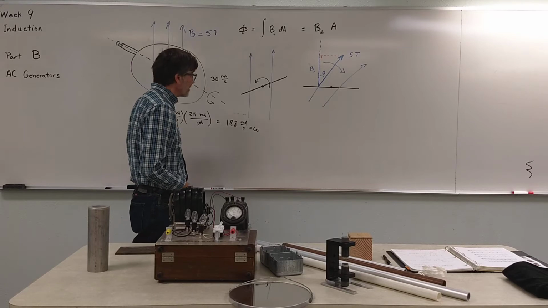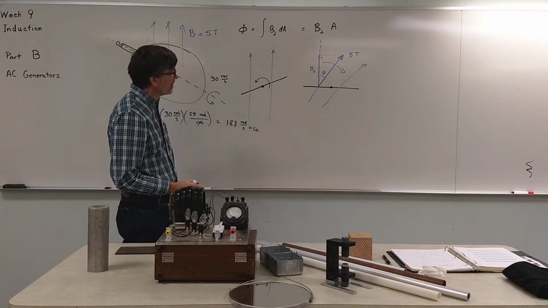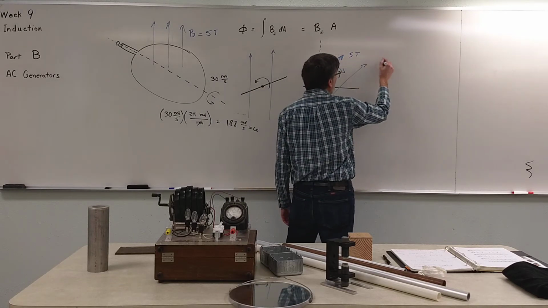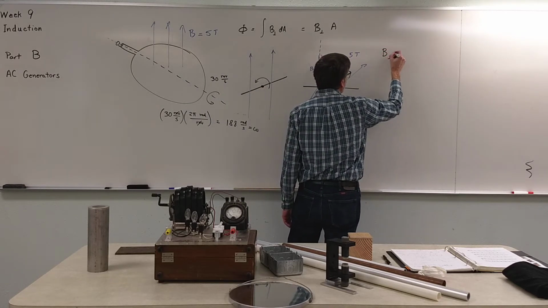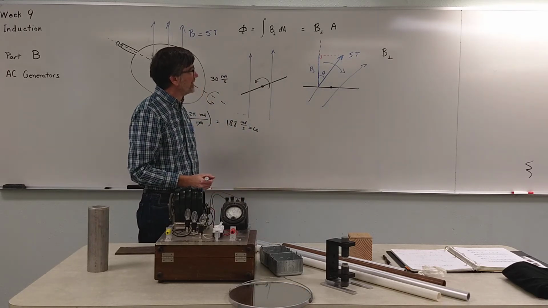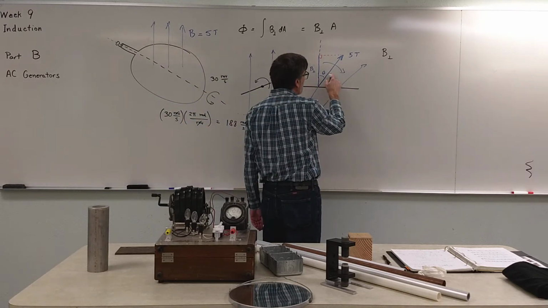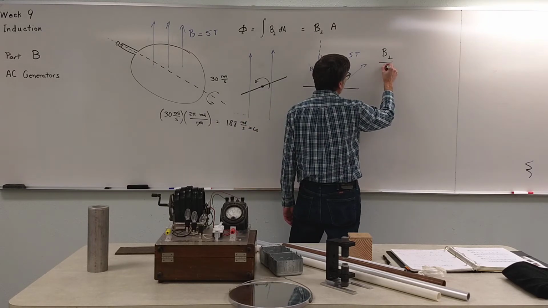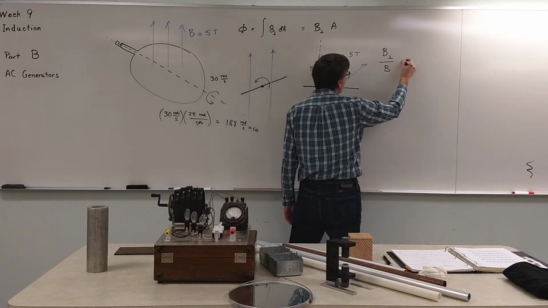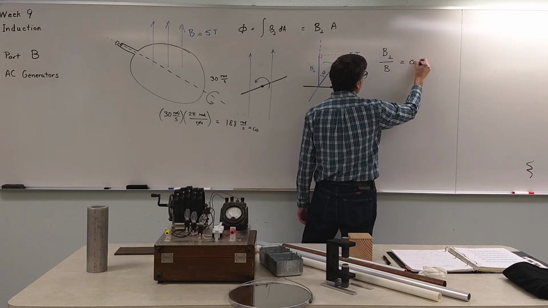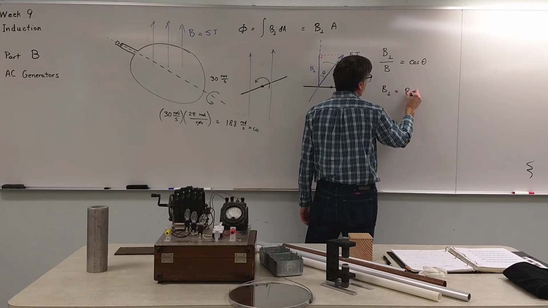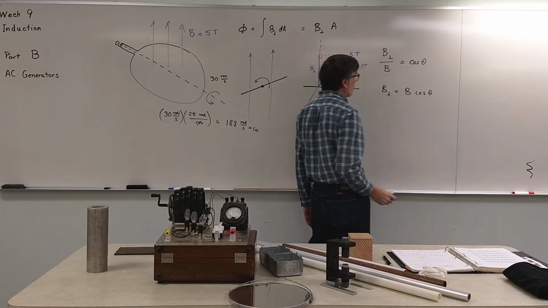With a little thought, you can come up with what B perpendicular would be in terms of the original B. Think about your triangles a little bit, and you get that B perpendicular divided by B, the original B, that's the hypotenuse, is going to be the cosine of theta. So B perpendicular is just B cosine theta.